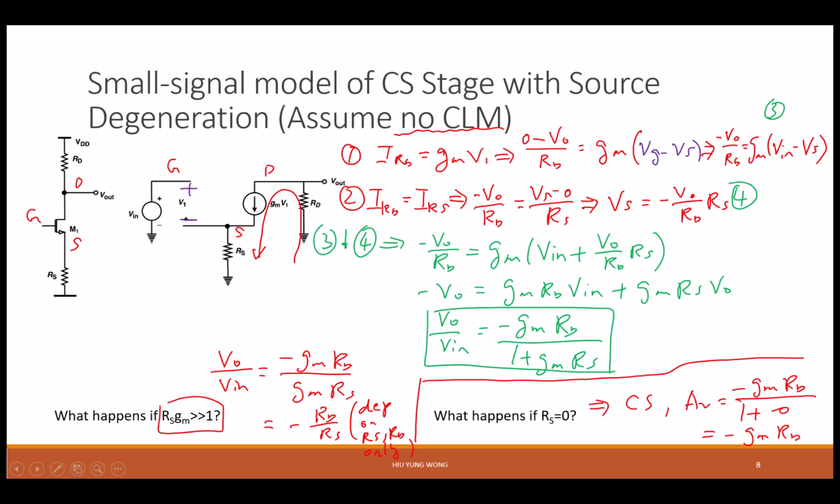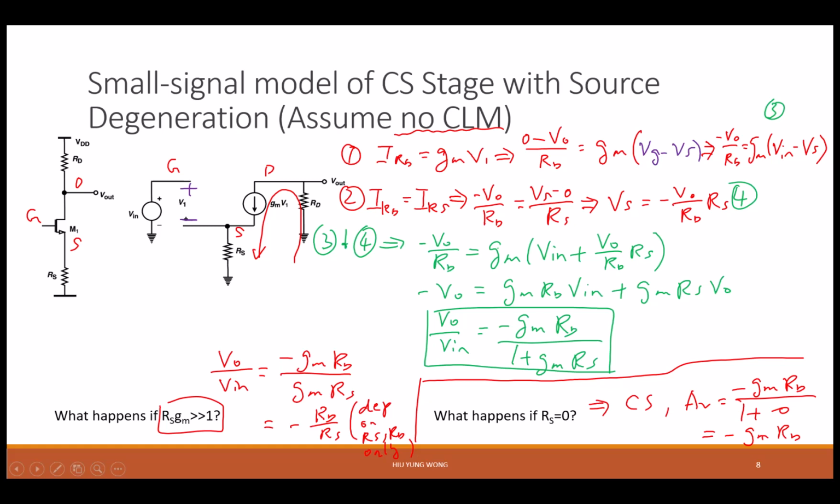On the left, V out divided by RD equals to, on the right, GM times V in minus VS, but minus VS is plus V out divided by RD times RS. Right? I just plug in VS to here. Is that okay? Just plug in. Right? It's just solve equation.